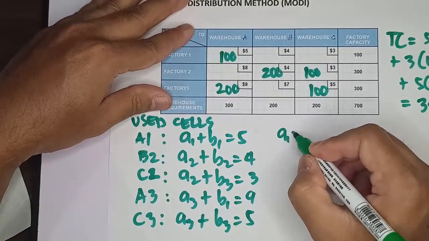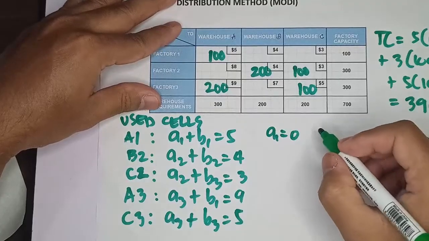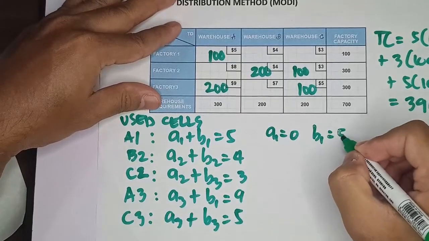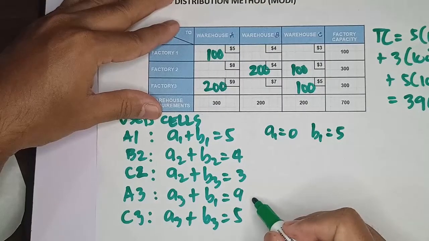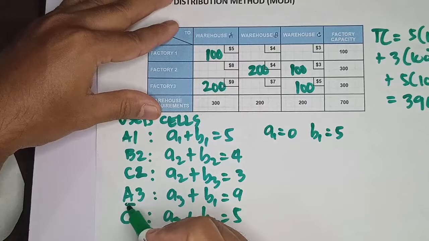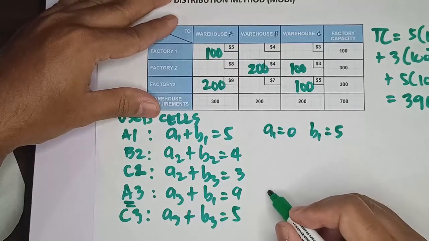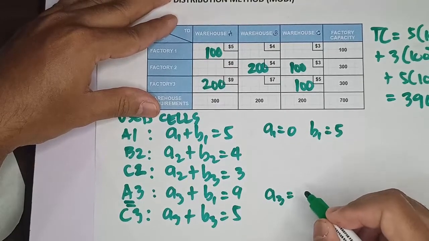Again, letting A1 equal to 0, then B1 is equal to 5. And since B1 is equal to 5, using A3, then A3 is equal to 4.